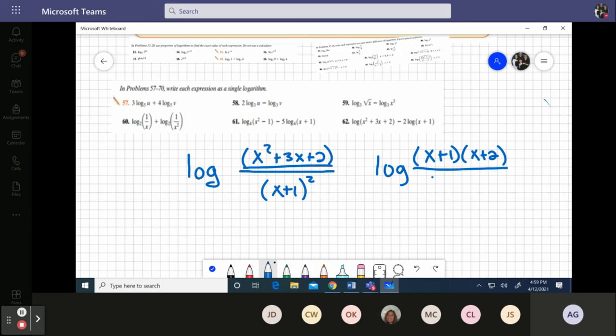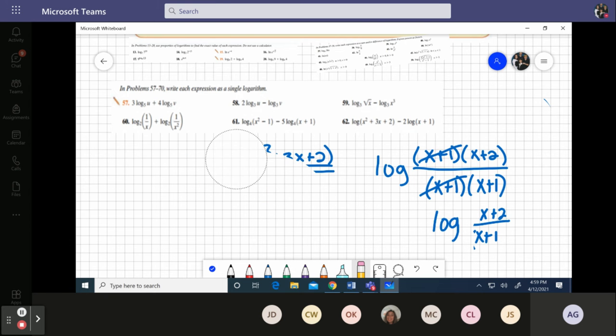I'm going to take x plus 1, x plus 1, x plus 2 over x plus 1. Yes? And I guess I'm just used to it. There really is no reason to have those parentheses there. Okay? Again, what can I do?